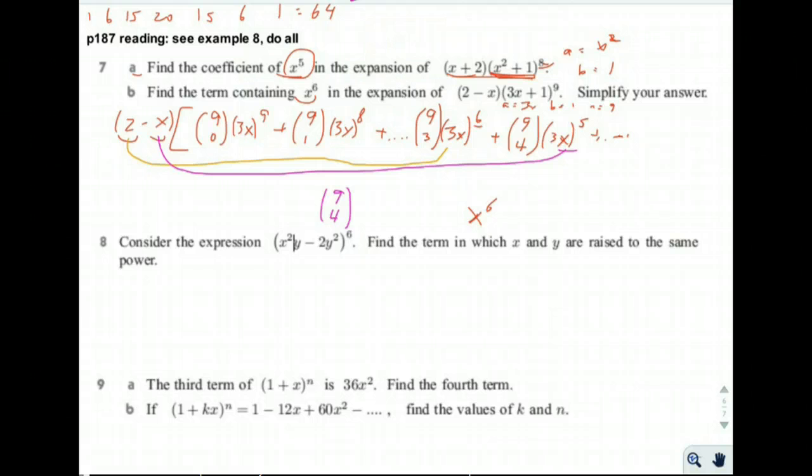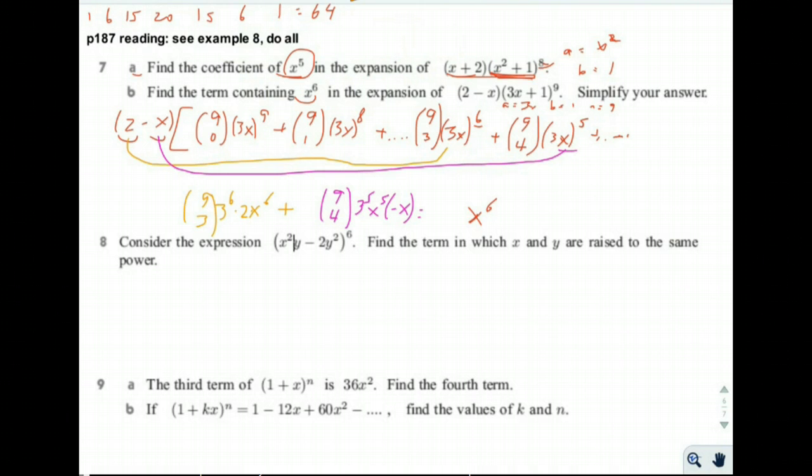So I'm going to write the pink term first. So it would be 3 to the fifth, x to the fifth, but you would multiply it times negative x also. And then the other term, the orange term, would be 9, 3 to the sixth times 2 times x to the sixth.